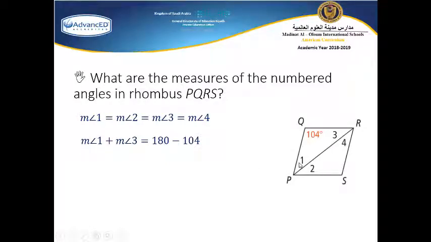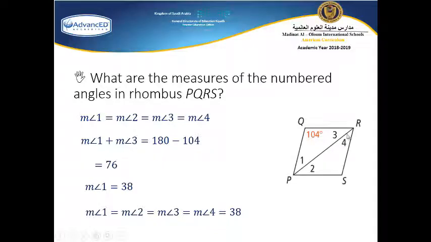Then the sum of the measures of angles 1 and 3 is 76, and the measure of angle 1, after dividing 76 by 2 because these two angles are congruent, equals 38. The same as the measure of angle 1 are the measures of angle 2, angle 3, and angle 4, because the four angles are congruent: this diagonal bisects the opposite angles, and angle P is congruent to angle R, angle S is congruent to angle Q, each two opposite angles are congruent.